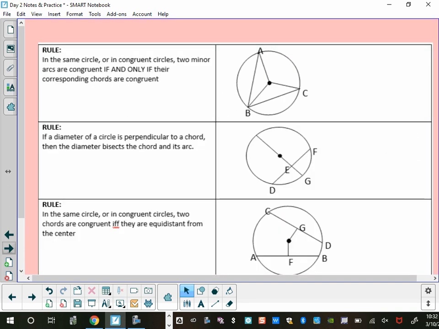All right, we have 3 rules. In the same circle or in congruent circles, 2 minor arcs are congruent if and only if their corresponding chords are congruent. So, a chord means it touches both sides of the circle but doesn't go through the middle. AB and BC are my chords.